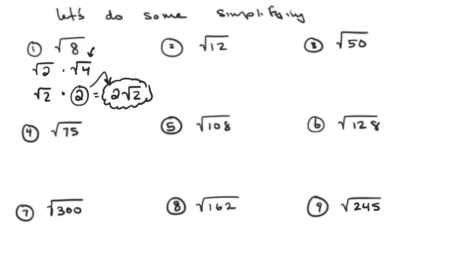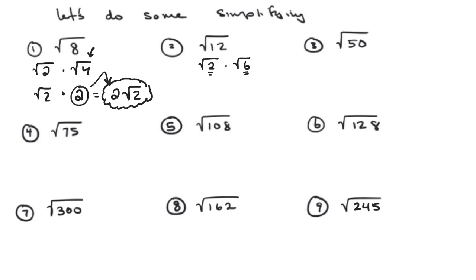So number 2 is the square root of 12. Now, if we take a look at its factors, what are two numbers that multiply together to make 12? We could have used the square root of 2 and the square root of 6, but notice neither 2 nor 6 are perfect squares.